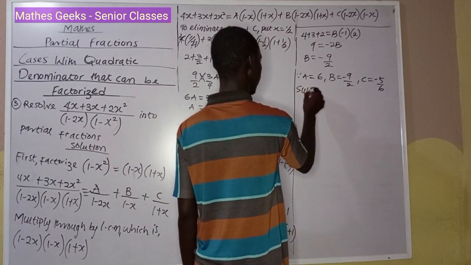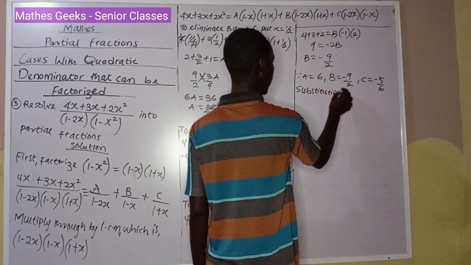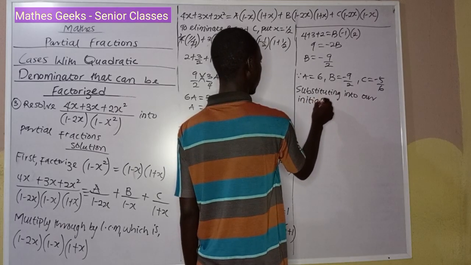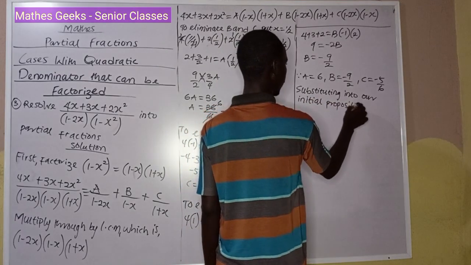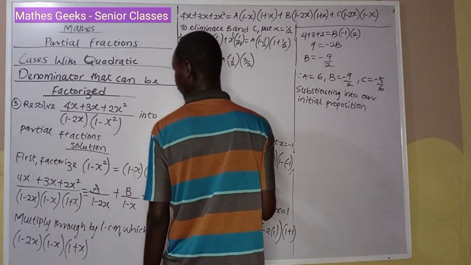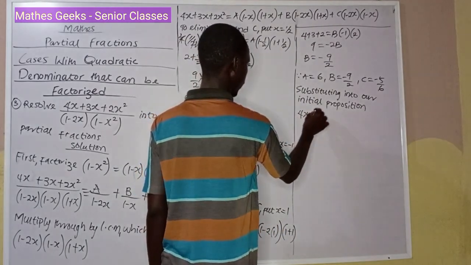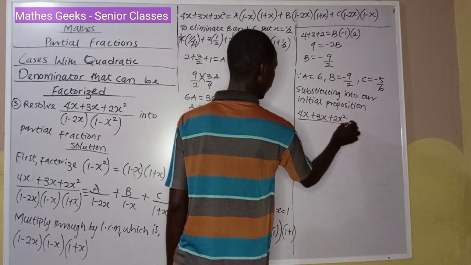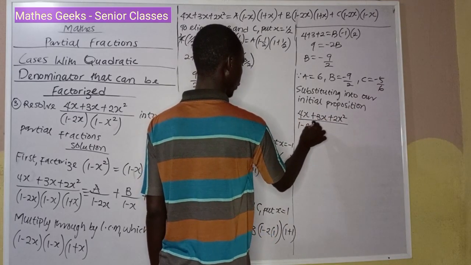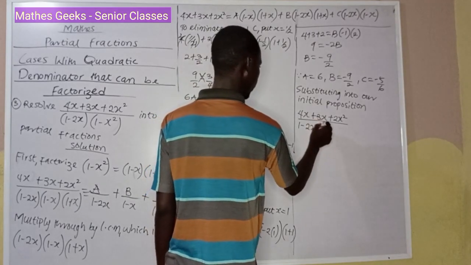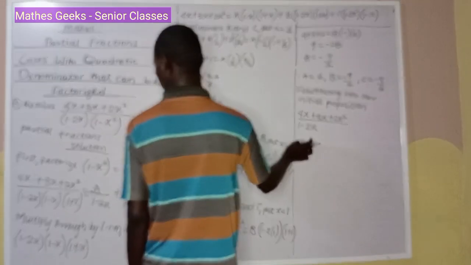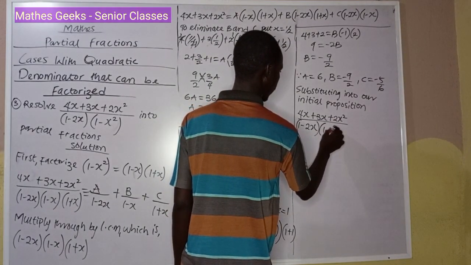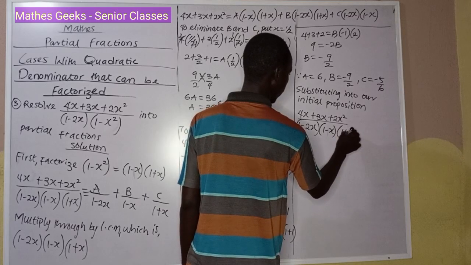So substituting into our initial proposition, we're going to have 4x plus 3x plus 2x over 1 minus 2x, 1 minus x, 1 plus x.